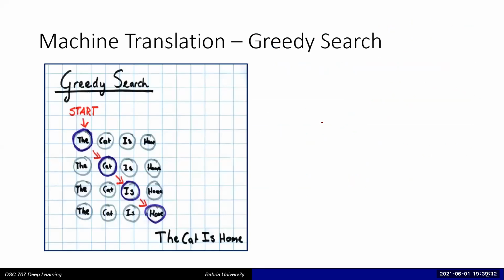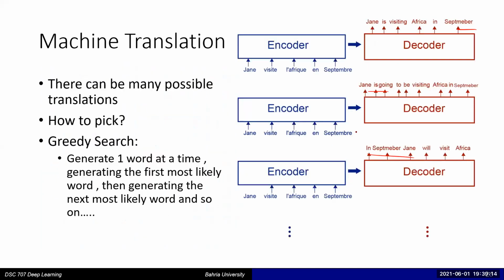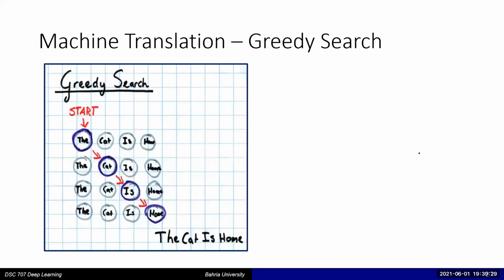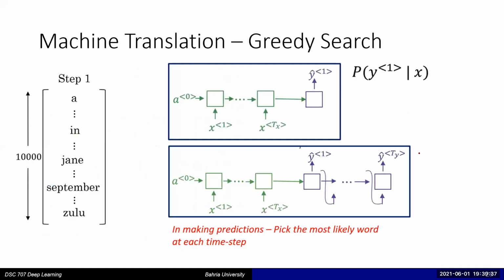Now, when we are solving this problem, here you have a softmax layer, which is giving you the probability of every word. So you are picking what should be the first word, the second word, the third word, the fourth word, and so on. Normally, we use a greedy search, where at every time step we pick the word for which we get the maximum probability, which makes sense, right? So this is your encoder part.